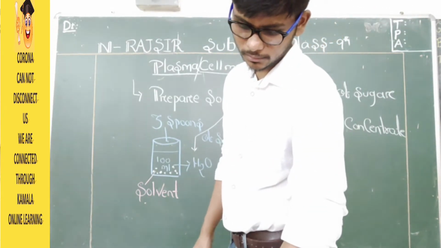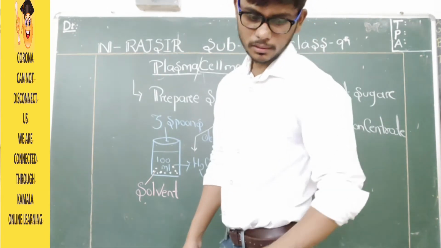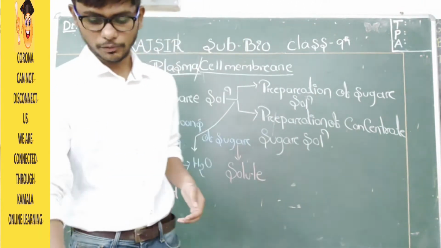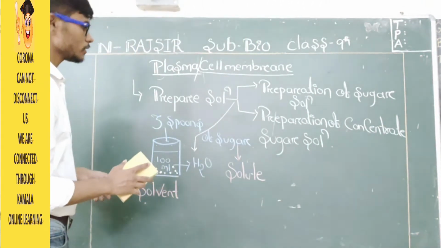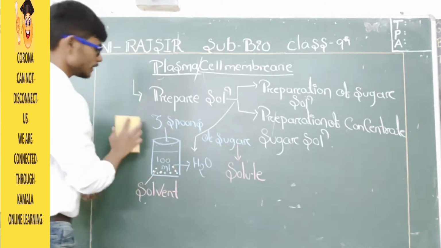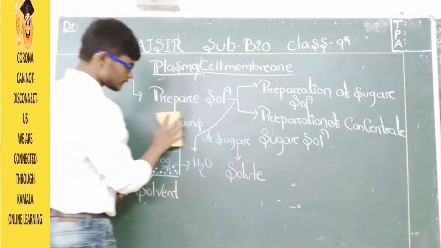Now what is a concentrated solution? Now we will understand what a concentrated solution is. That is your second most important topic in your book. It is given, so I'll make it a little bit easy for you guys.